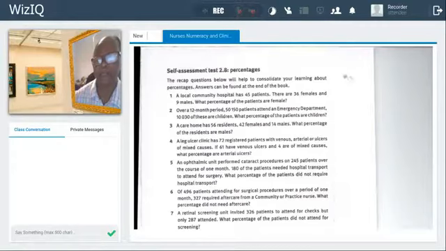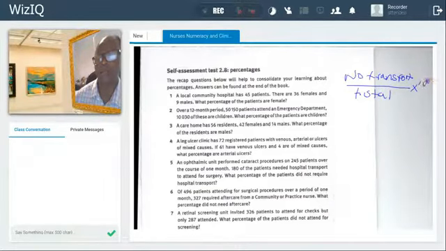Okay, so no transport divided by total, multiplied by 100 over 1.